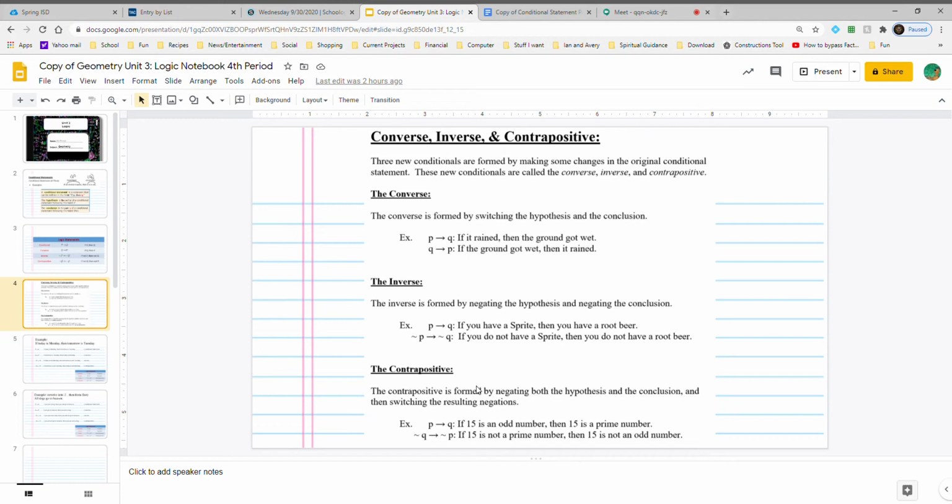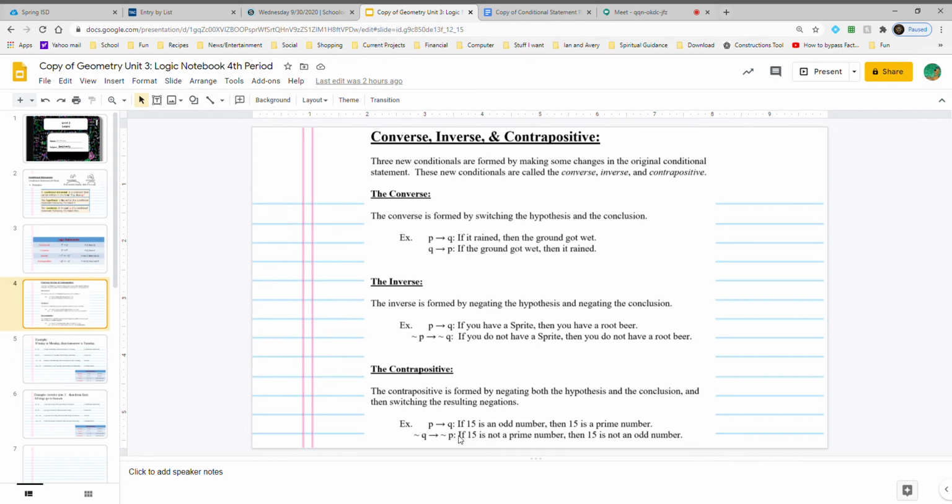Okay, and then down here on contrapositive, it starts off, if 15 is an odd number, then 15 is a prime number. And then it says, if 15 is not a prime number, then 15 is not an odd number. What they did was they took these, they flipped them, and they had to make them the opposite. So it ends up being like this. If the opposite of this happens, then the opposite of this happens.